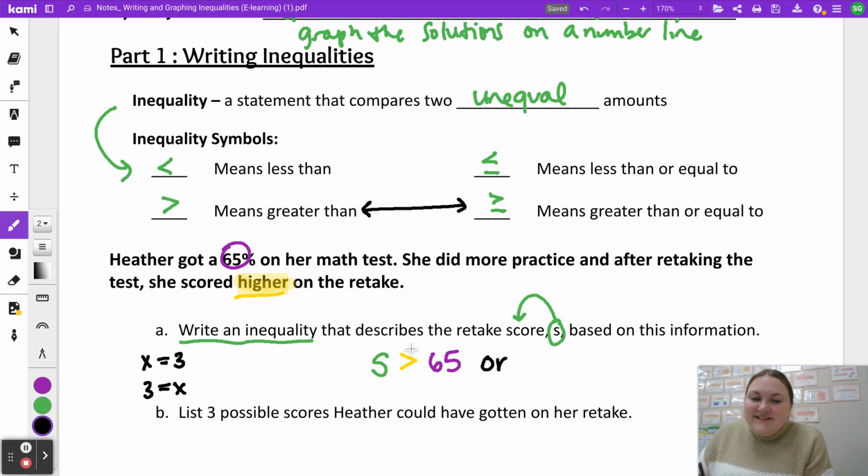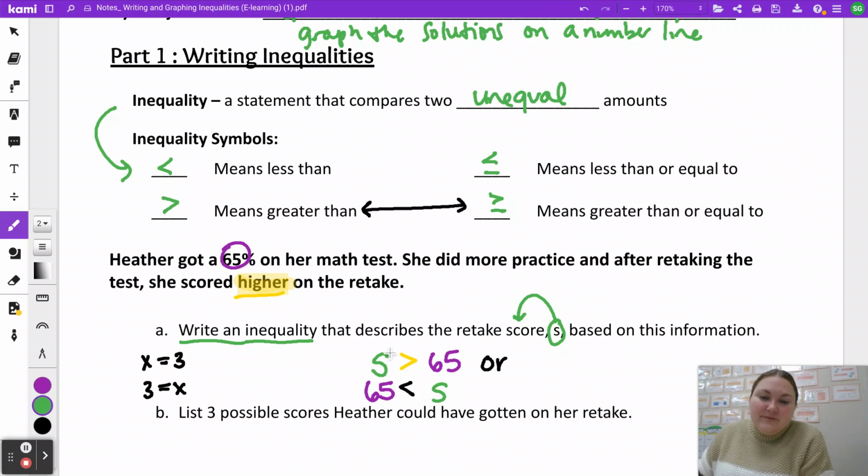With inequalities, though, again, we have to be really careful with that symbol. You could see S, her retake score, needs to be greater than 65%, or you could see 65% is less than her retake score. Notice when I flipped it around, I also had to change the inequality sign. The second one saying like her original score is less than her retake score.